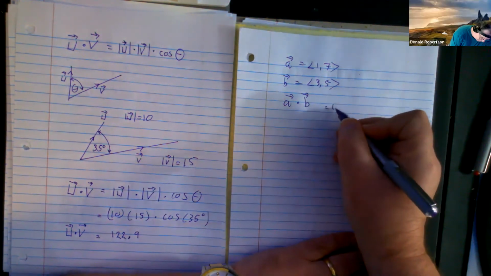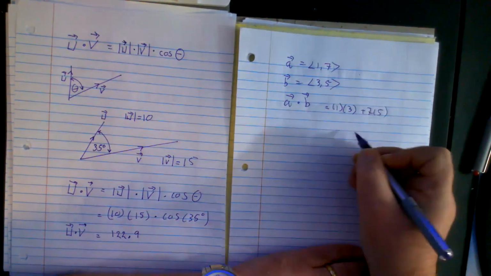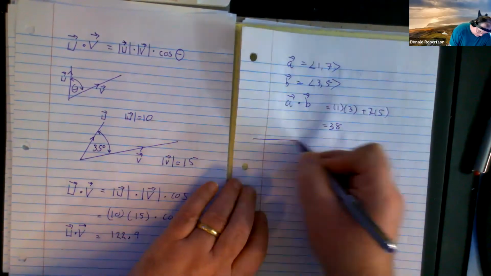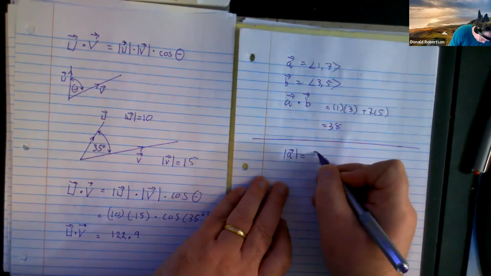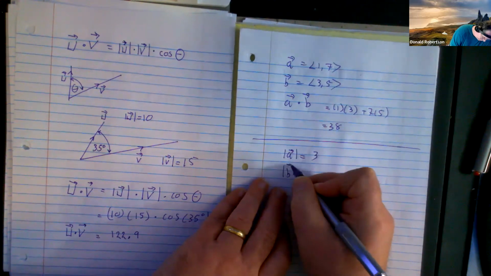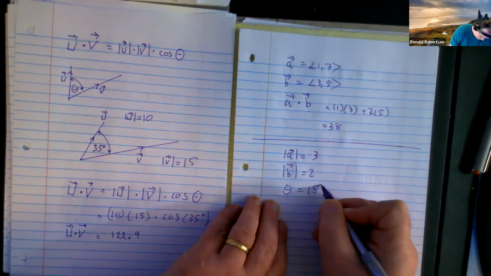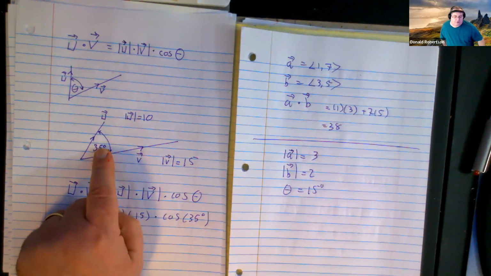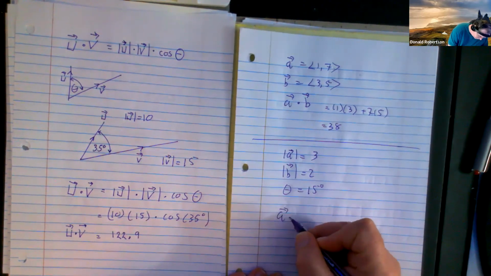Right, so you would go 1 times 3 plus 7 times 5, and you get 38, I think. On the other hand, if I gave you a picture or I just told you that, wouldn't you use the dot product that looks like this one?